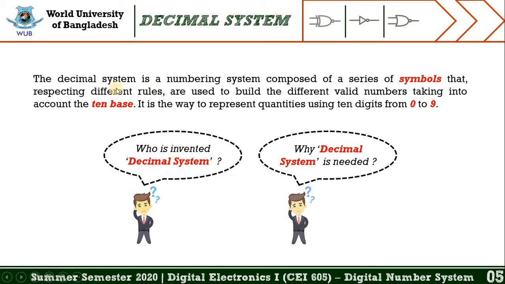In this slide we may learn the overview of decimal system. The decimal system is a numbering system composed of a series of symbols that, respecting different rules, are used to build the different valid numbers taking into account the base 10.